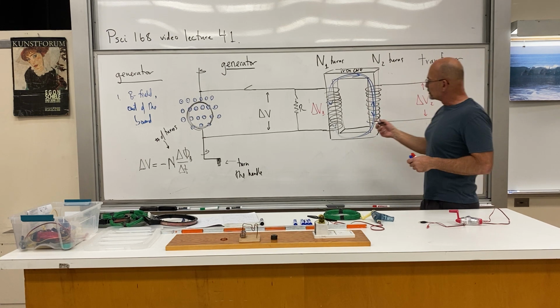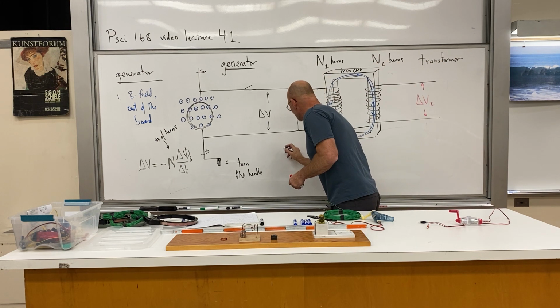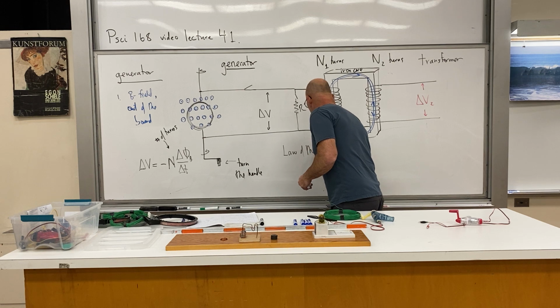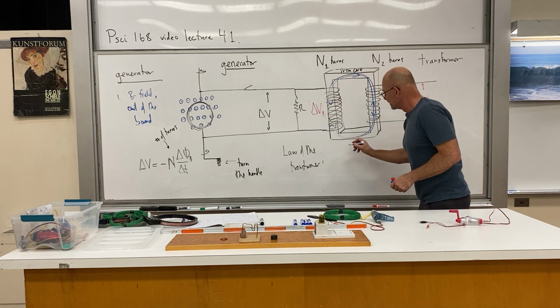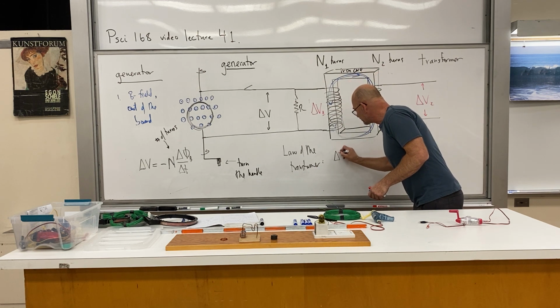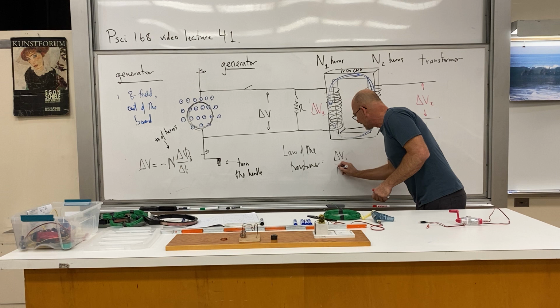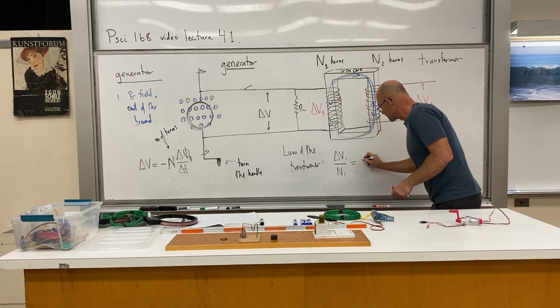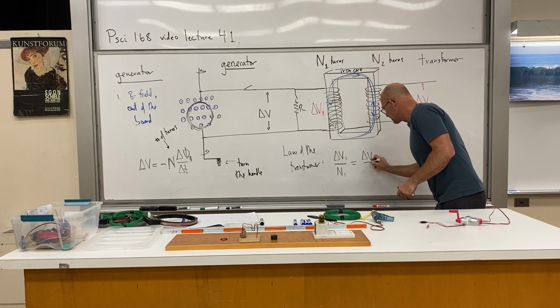So the law of the transformer, let's just call it that, is this. Delta V1 divided by N1 is equal to delta V2 divided by N2.